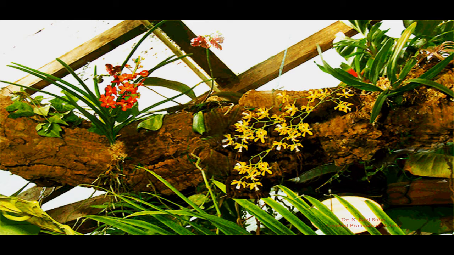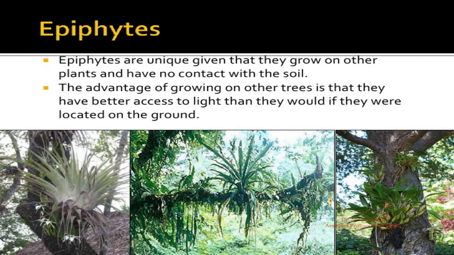Coming to the morphological adaptations, here, friends, the root system is extensively developed, and these roots may be of two types. They are the clinging roots and aerial roots.